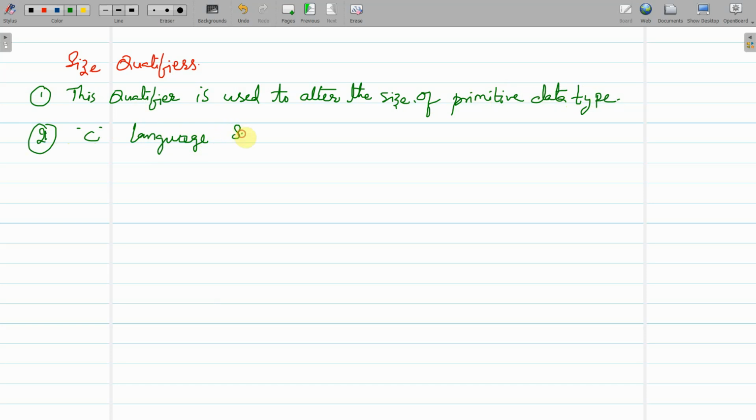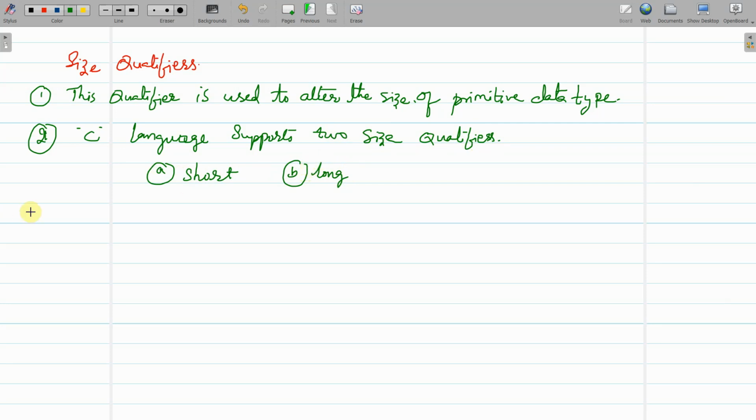C language supports two size qualifiers, right? The first size qualifier is short, the second qualifier is long.